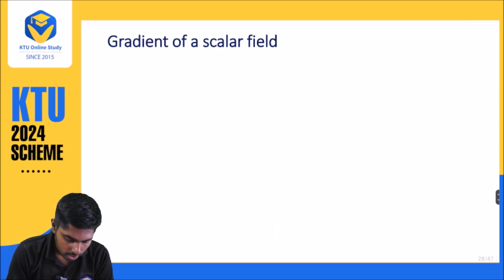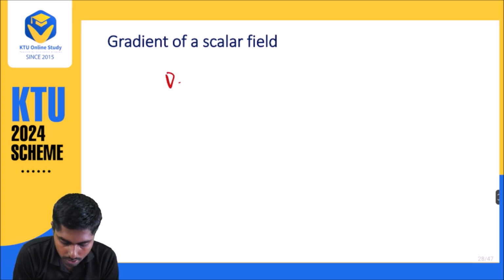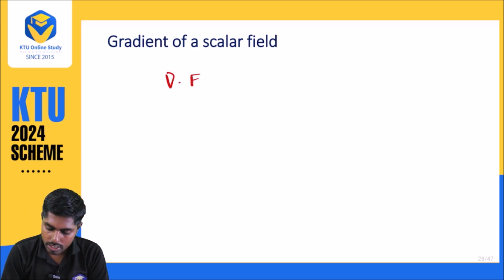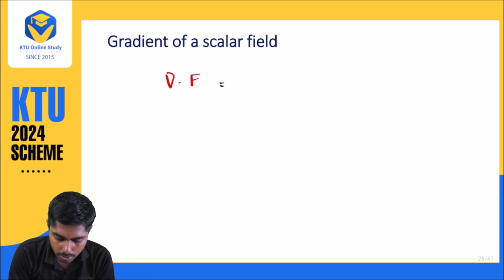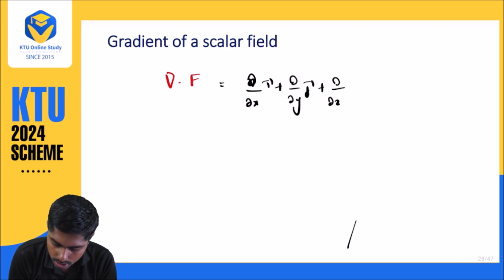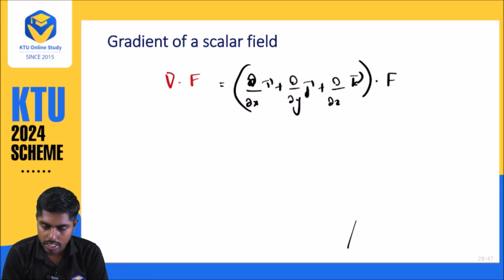So here grad f, the gradient operating on f, which is a function of x, y, z. Gradient of f becomes dou by dou x i vector plus dou by dou y j vector plus dou by dou z k vector, multiplied by f.